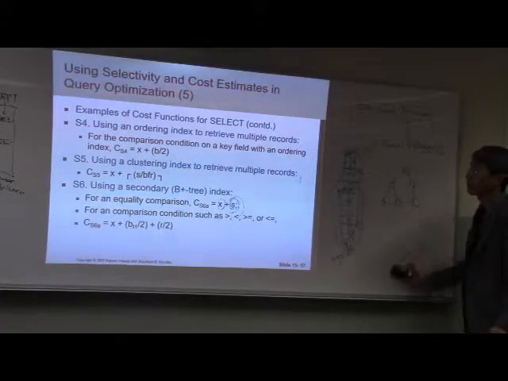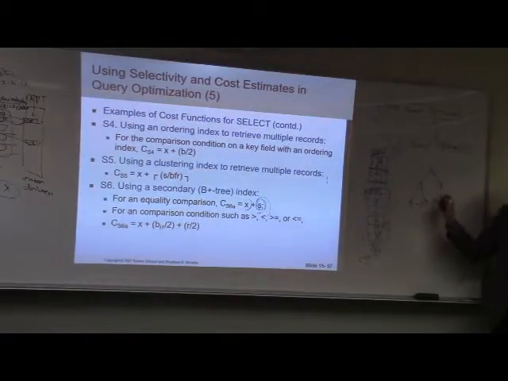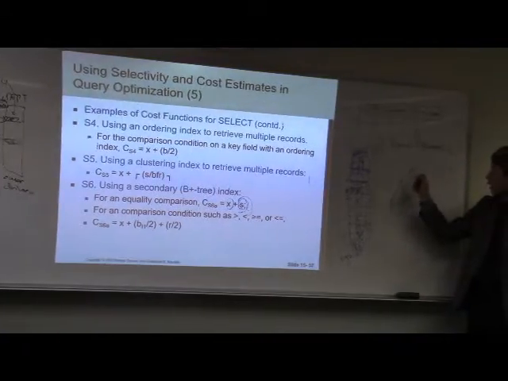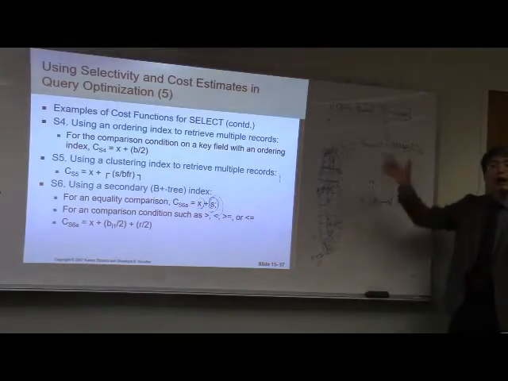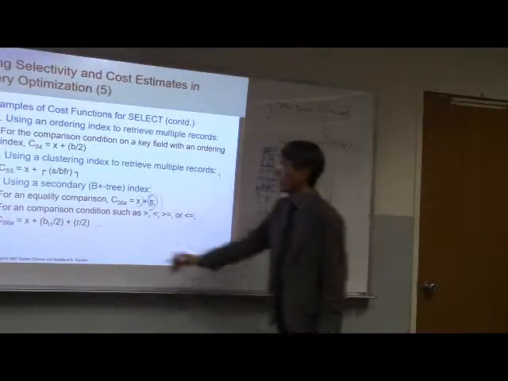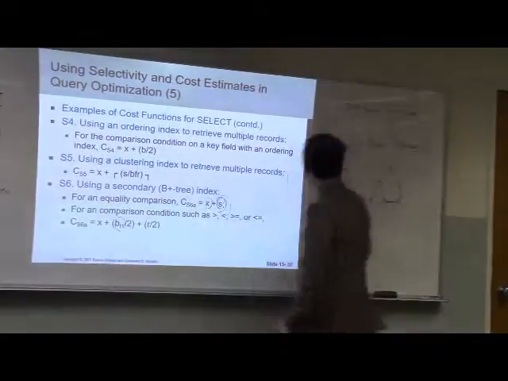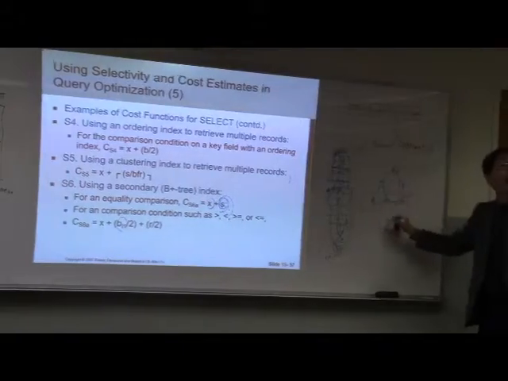In case of the range query, the benefit of using the B+ tree is that we first find the block, then we can use the sibling pointer. We don't go up and down, just the sibling pointer. So X plus, this is the block. How many blocks in the leaf node? On average, we can access half of them.